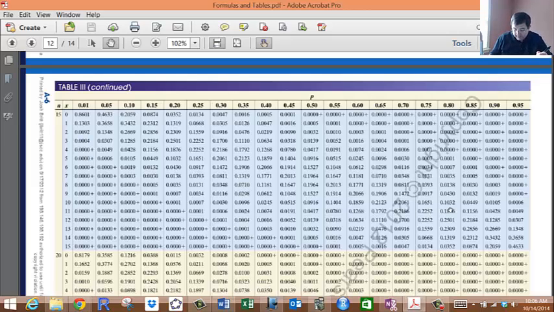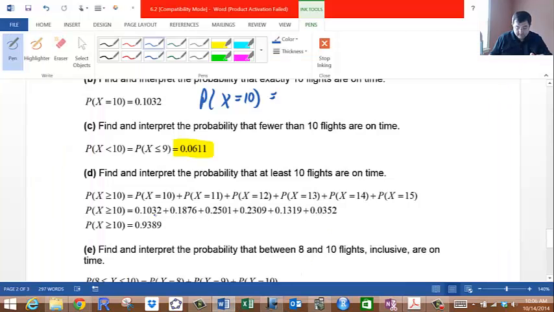So 10, okay, 0.1032 plus 11 plus 12 plus 13 plus 14 plus 15. Okay, so let's go back over here, and there are the probabilities, and we add all those up and we get this number.